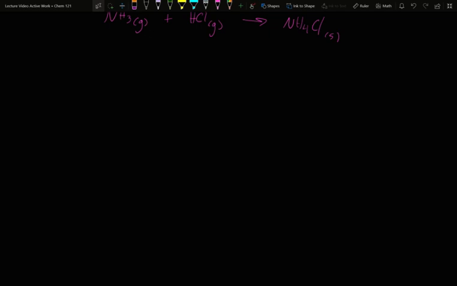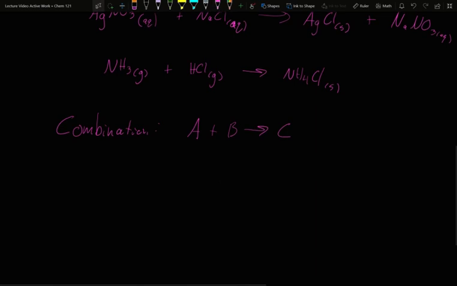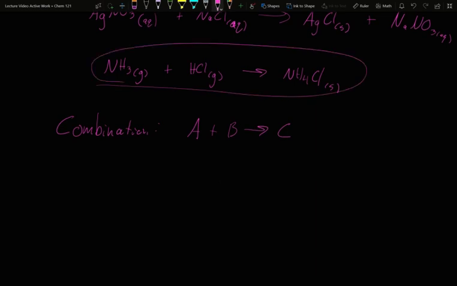Well, those are specific types of observable components of reactions, but there's a lot of generic reactions. And so generically, there are combinations. A combination reaction looks like A plus B goes to C, which, hey, if we go back and look at our ammonia and hydrochloric acid right there, that is exactly what we just saw.